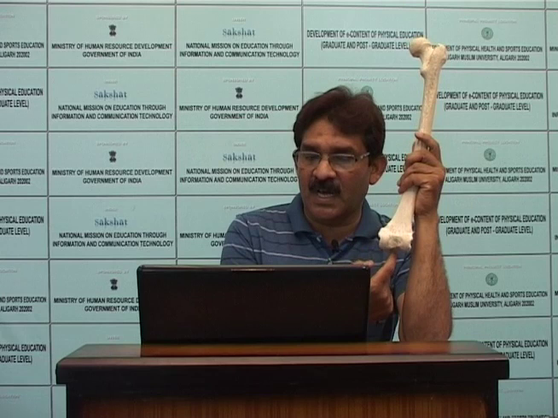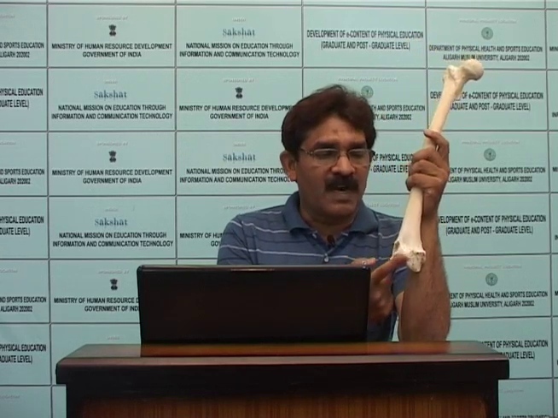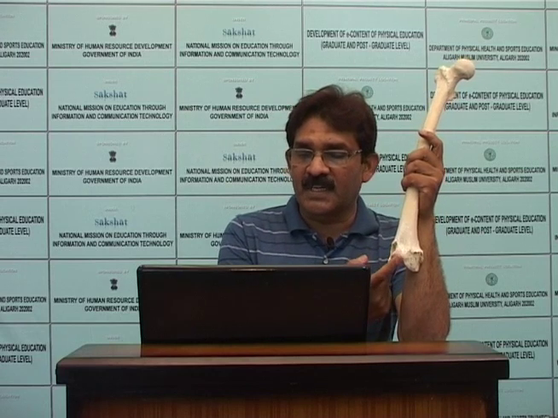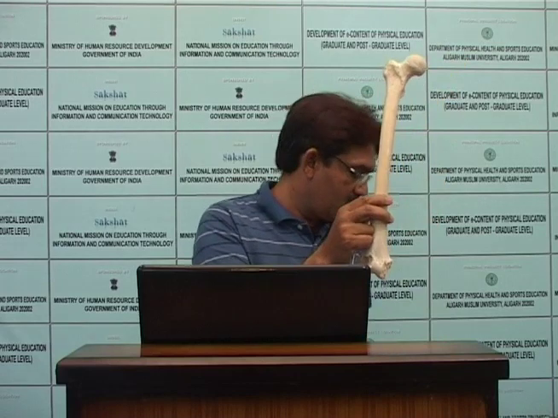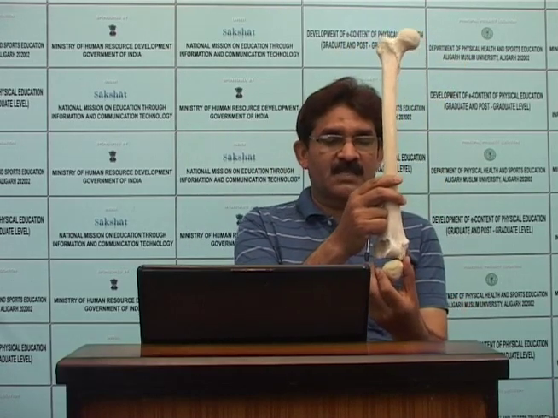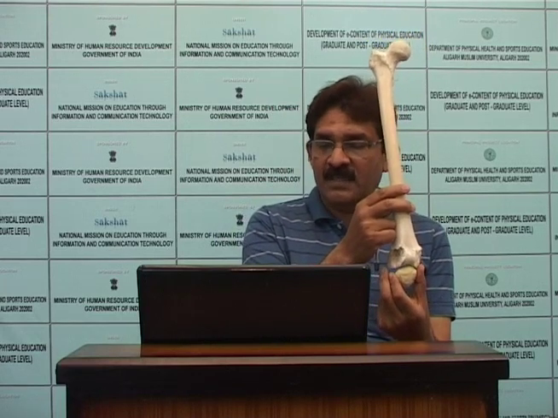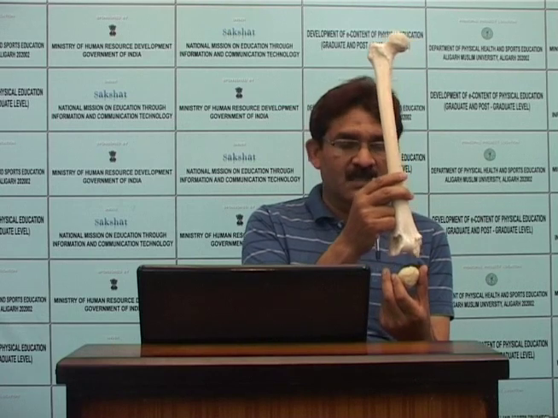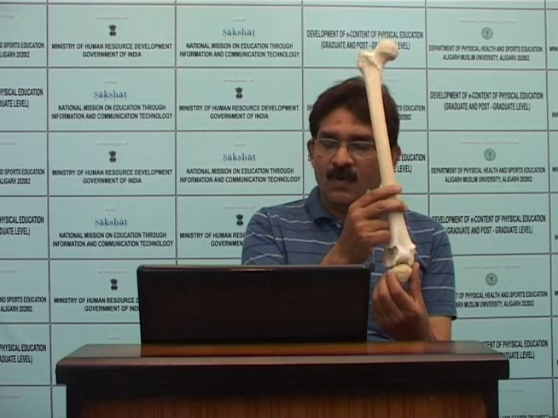This is the intercondylar fossa, and anteriorly this is the patellar surface. The patella is situated at this site and this makes the knee joint. In the knee joint, the anterior part is the disc-like bone known as the patella.